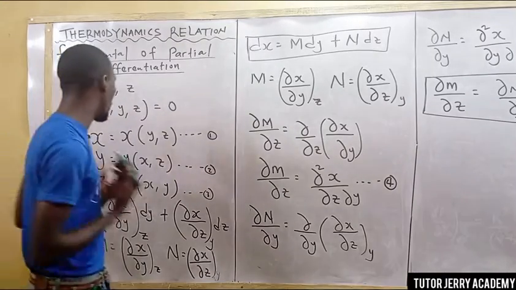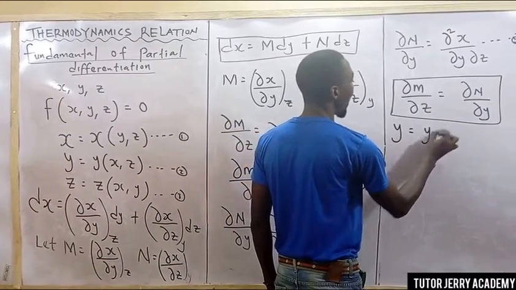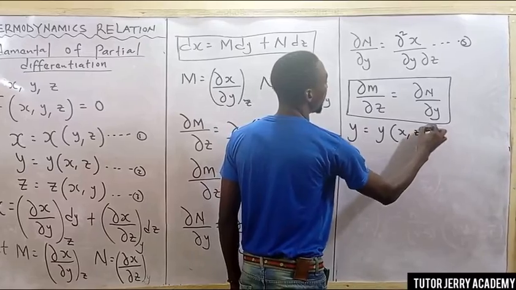All right, so now equation 2, we said y is equal to y of s comma z.